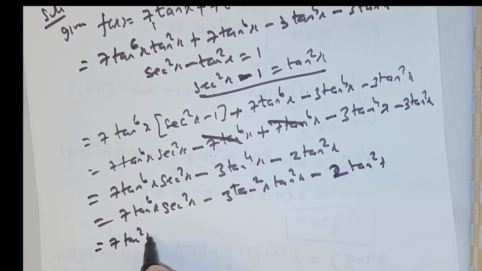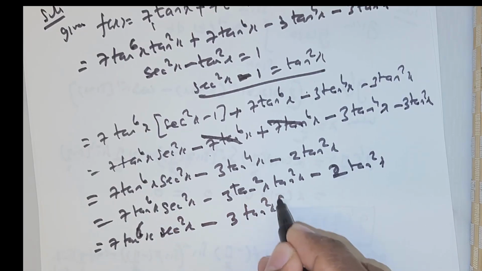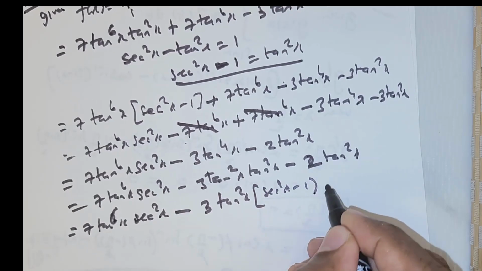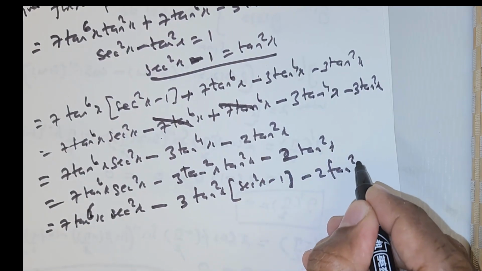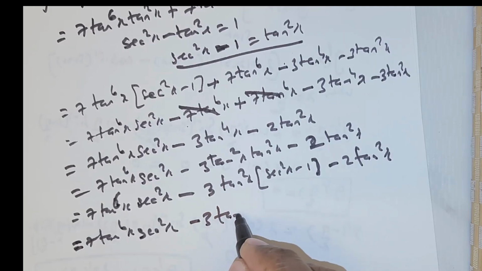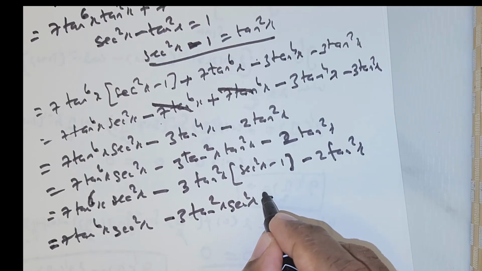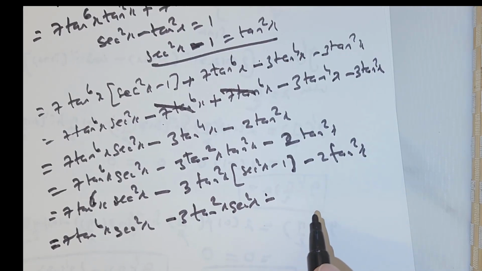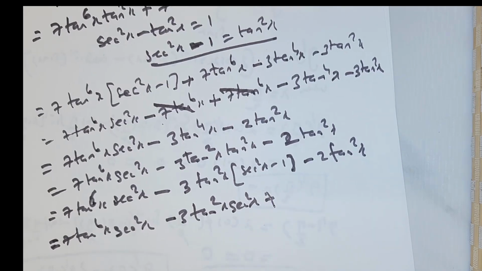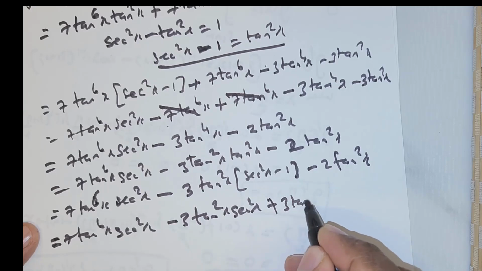I will replace tan squared x as secant squared x minus 1. This is 7 times tan raised to the power of 6x times secant squared x minus, I distribute this, I get tan squared x times secant squared x. Minus minus will be positive, right? So this is positive 3 times tan squared x.